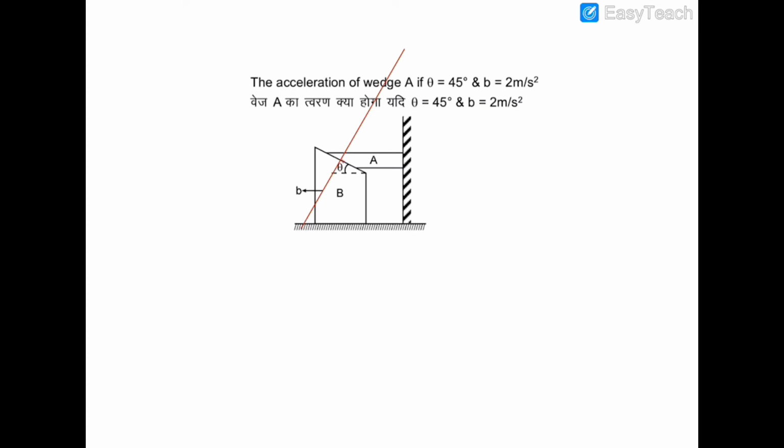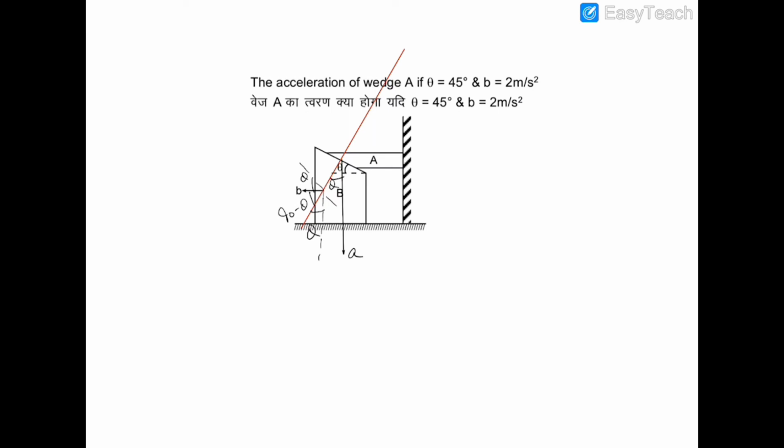So we are drawing the velocity of the rod, in fact the acceleration of the rod, and we are assuming it as A. So it is A. Now this angle, this one, this angle is theta, and this angle is 90 minus theta. Okay, so this angle will be theta, and hence this angle will also be equal to theta.